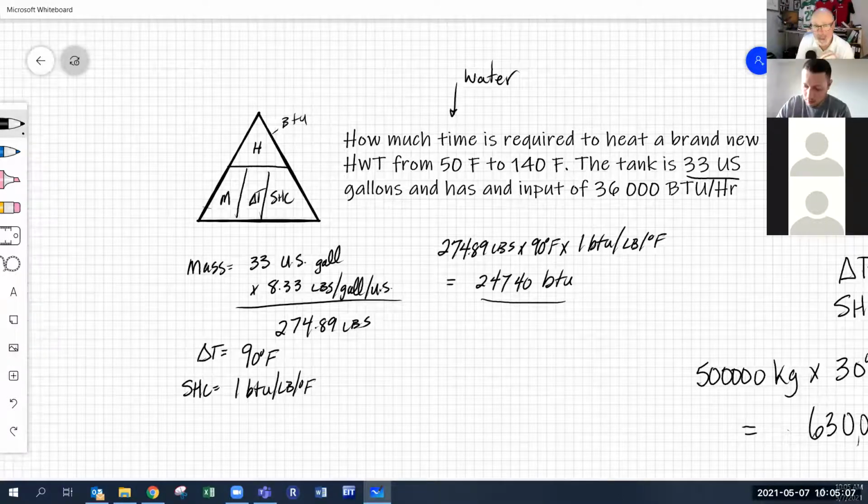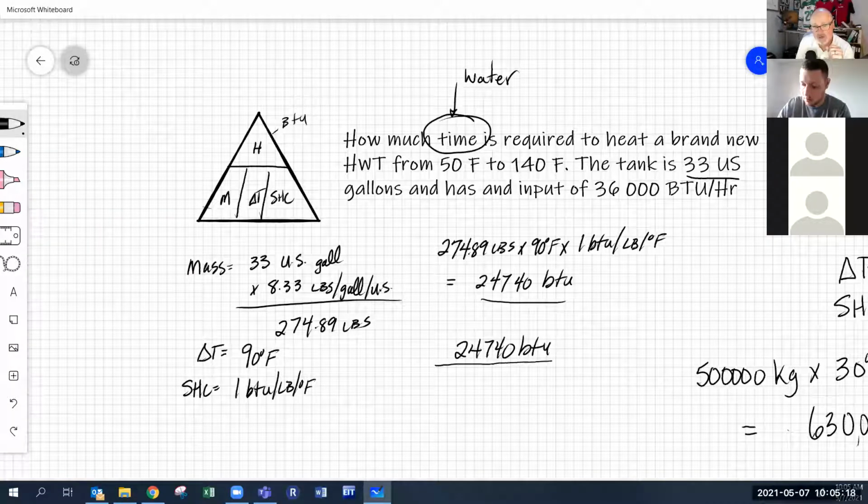Now, I'm asking for the time it takes. So I'm going to take 24,740 BTUs and divide by 36,000 BTUs per hour. When I divide this out, the BTUs cancel out, and I'm left with hours.